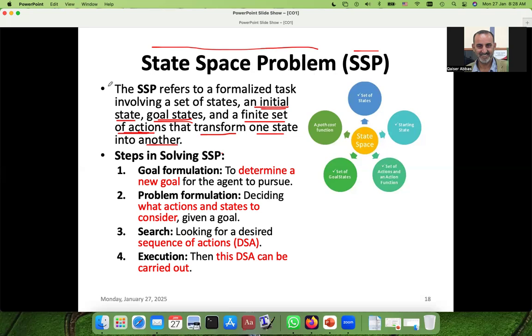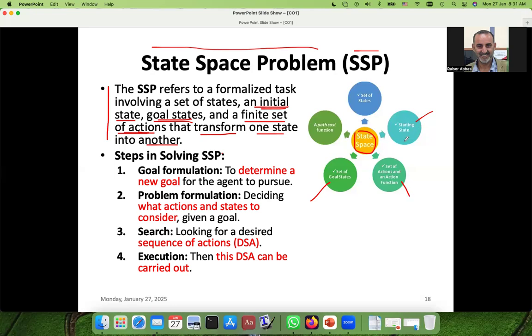If it is difficult for you to memorize this sentence, then you can keep this picture in your mind. You have a state space, and the state space has a starting state and a final state, and then you can perform a set of actions. When you build some algorithm to solve that problem, your algorithm must have an action function. An action function will do what? It will perform an action from one state to another one.